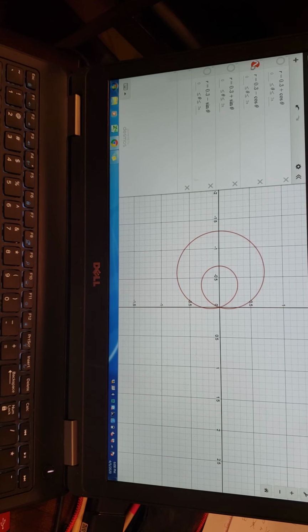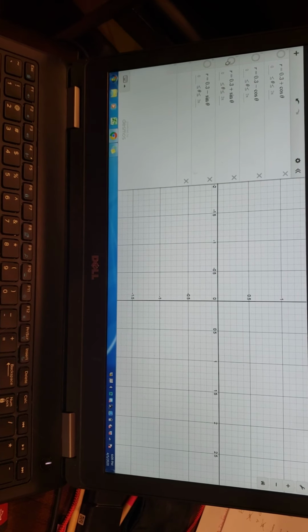They do have the same length of inner loop and length of limaçon. So now let's think about what we should expect to see when we do r equals 0.3 plus sine of theta before we actually sketch that. Well, sine of theta is the y-coordinate, and it's positive b, so if positive cosine went to the right, negative cosine went to the left, we should expect positive sine to be up, we should expect negative sine to be down.